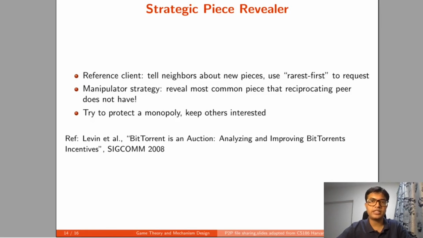If you are a strategic piece revealer and suppose you have both pieces 1 and 2, should you reveal that, versus some other user who is looking for piece number 8, while you are looking for piece number 5, and suppose all these other users have piece 5? So whom should you trade with?